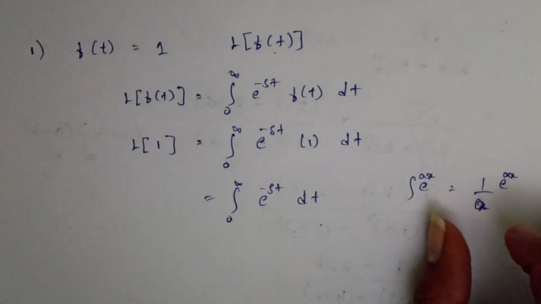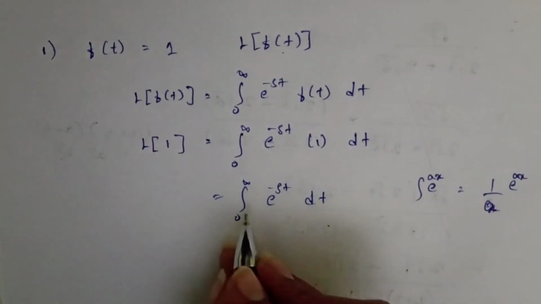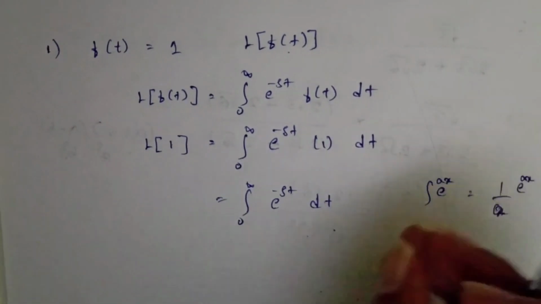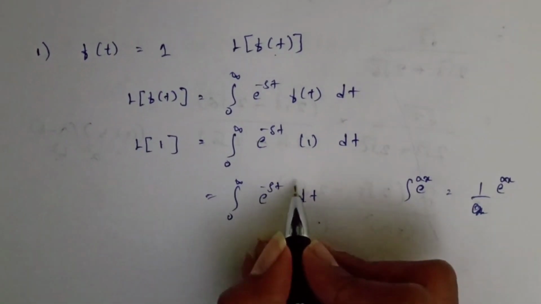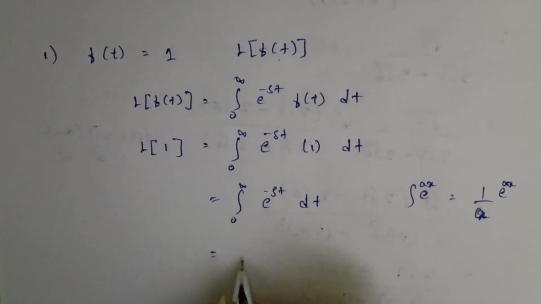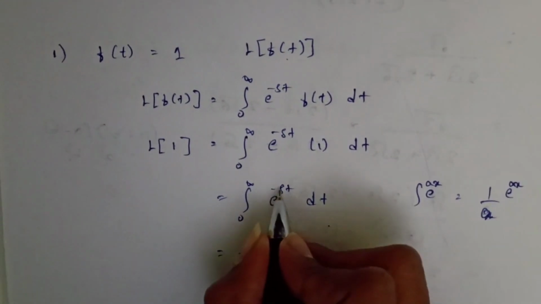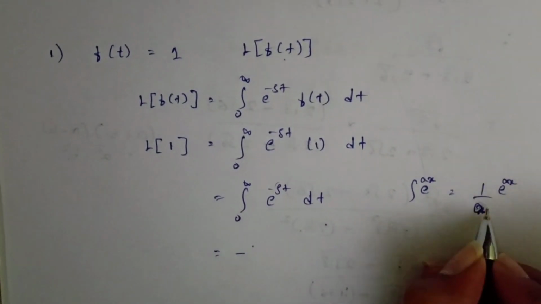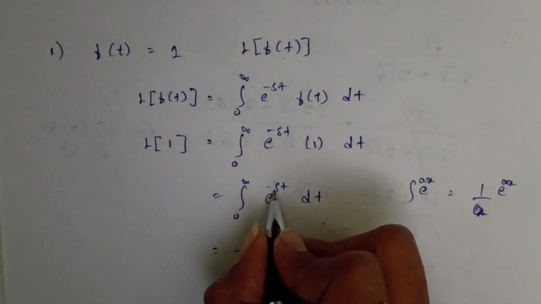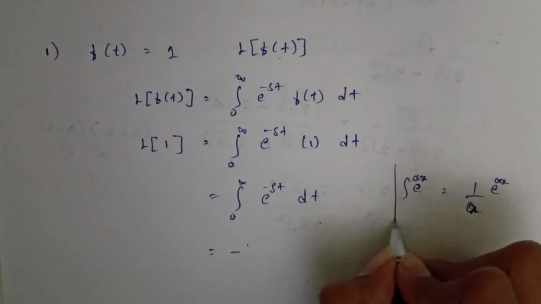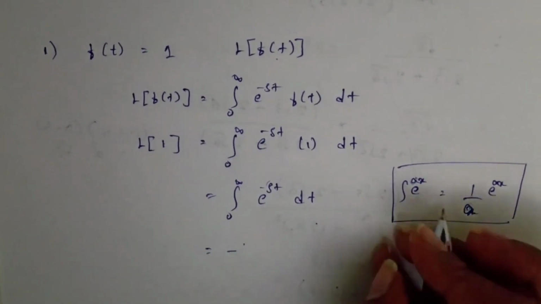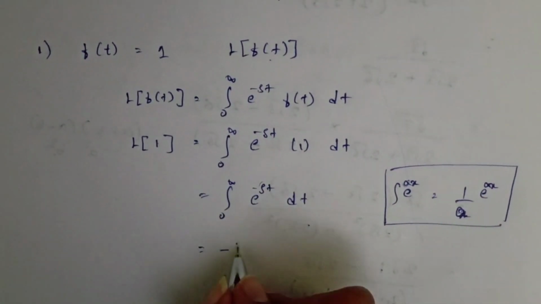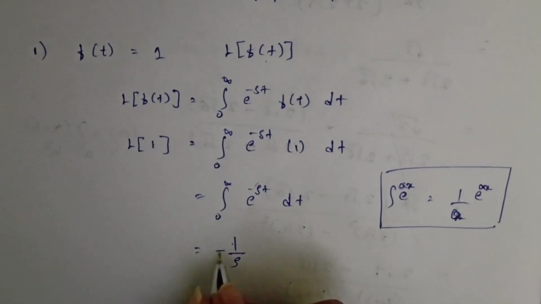I'll apply the same formula to this particular e raised to minus st. In terms of s we have a in our general formula, and since it is minus s, we should write 1 divided by minus s.